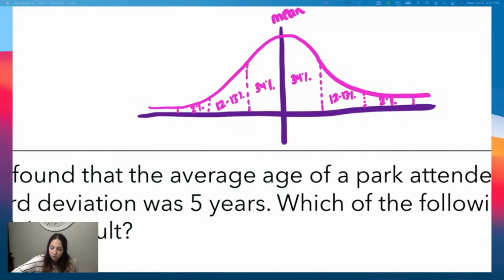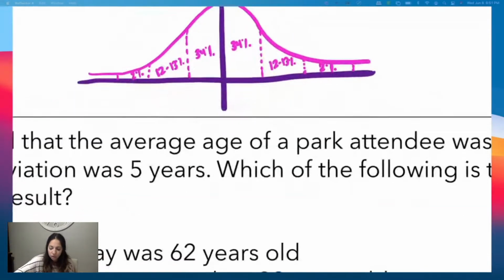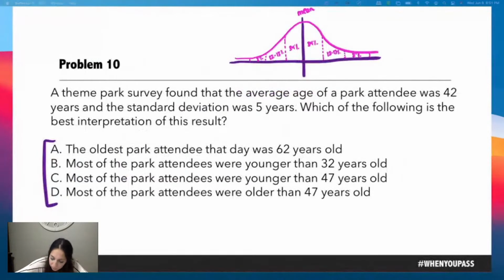So if I know that my average is 42, then one standard deviation away would be plus 5. So 42 plus 5 would be 47. 42 minus 5 would be 37.